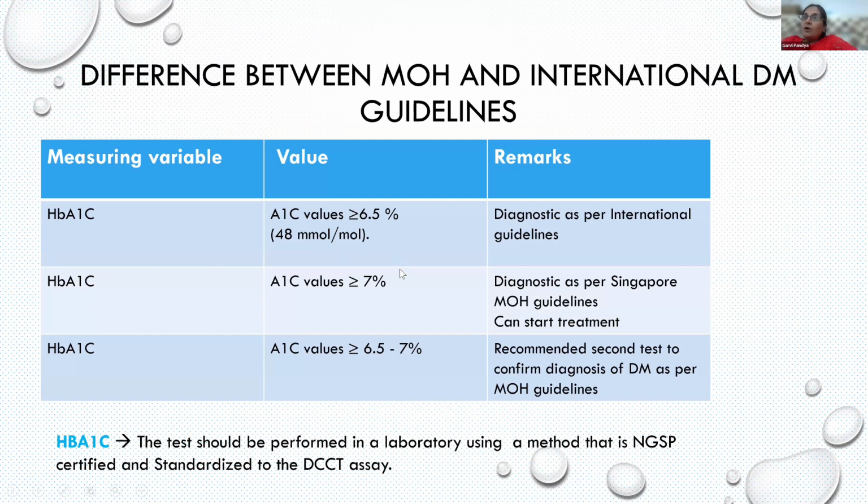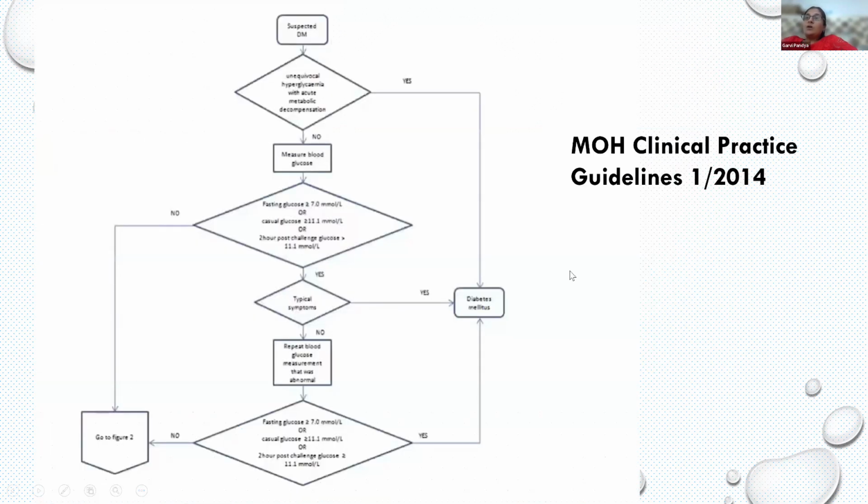And for our local population, if the HbA1c is 6.5 to 7%, then the government has suggested doing one more test to confirm the diagnosis of diabetes rather than just relying on the HbA1c. That is something we need to take care of in our clinical practice. So this is the algorithm.